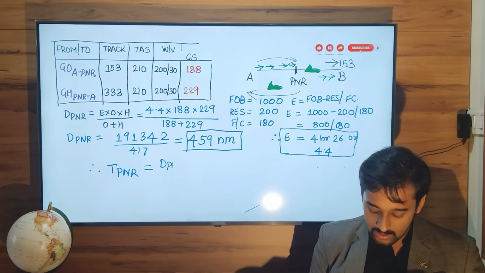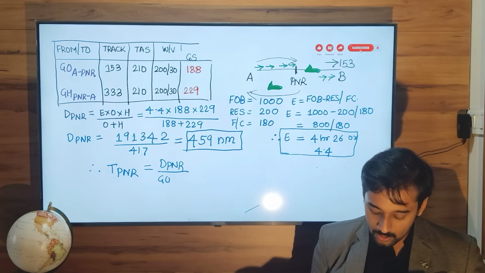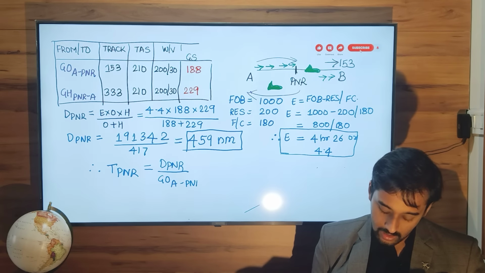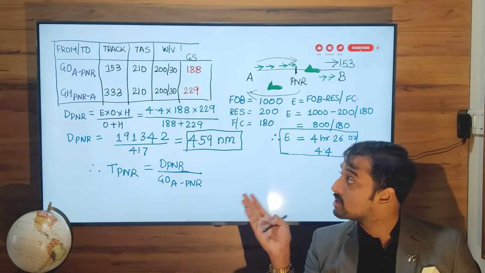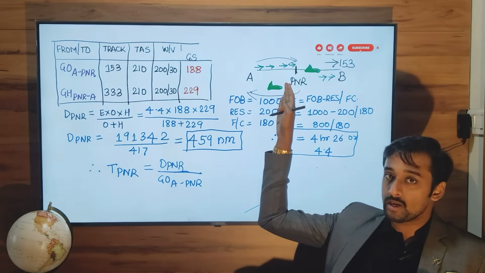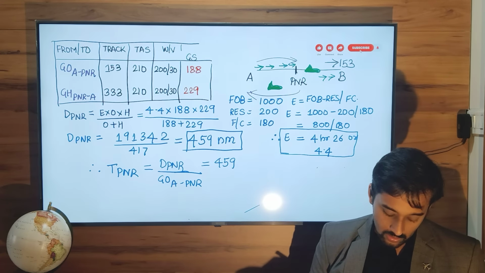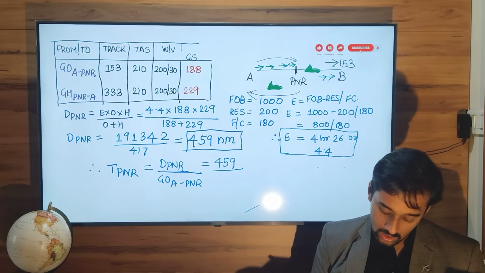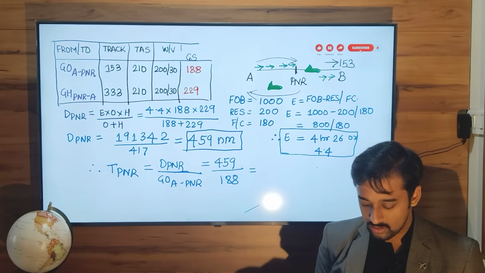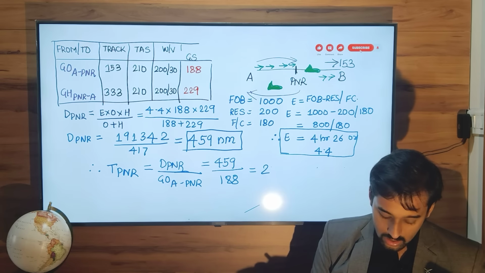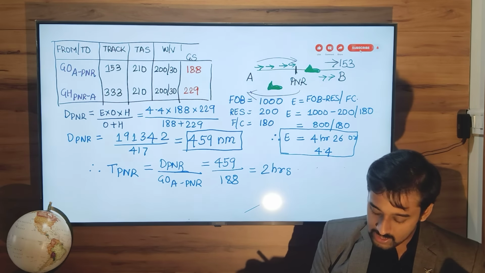So therefore time to PNR will be how much? Distance to PNR divided by ground speed outbound from A to PNR. Okay, time towards PNR. So you're going from A to PNR, so use that speed. So 459 divided by 188 is equal to 2 hours 26 minutes.